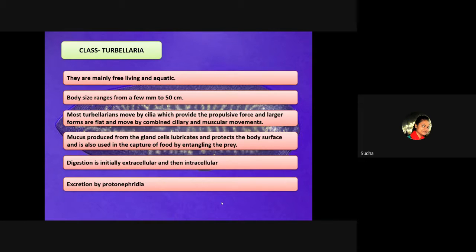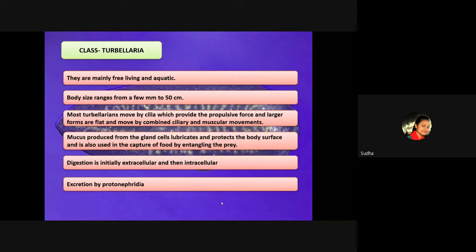The digestion is initially extracellular and then intracellular. Both forms we can find. Initially it will be extracellular, but later on the digestion becomes intracellular.